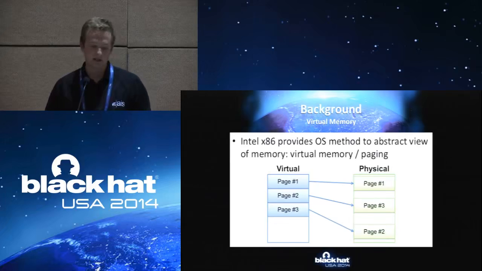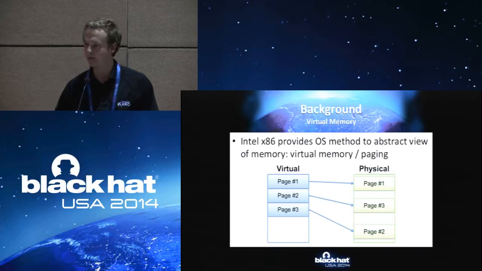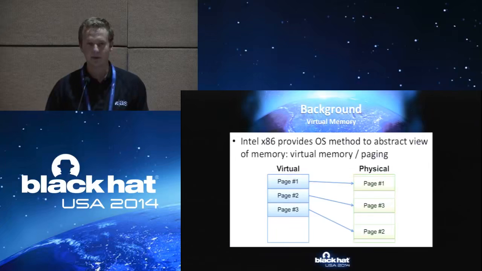I'm going to start off basic again. We're going to assume that most of you know this, but x86 provides the capability of doing virtual memory. On a 32-bit system, each application lives in its own, assumed 4 GB flat address space.